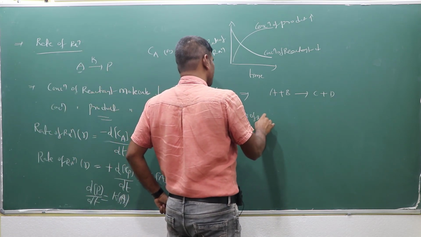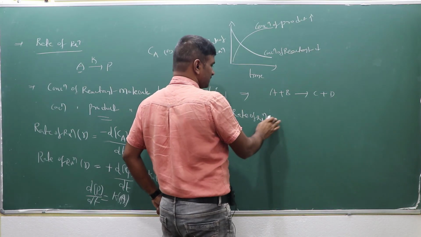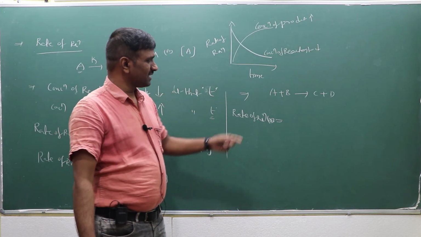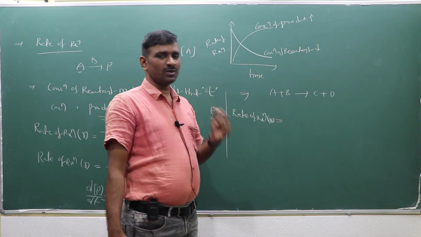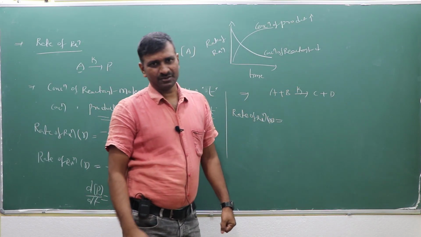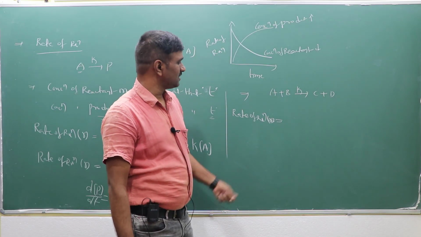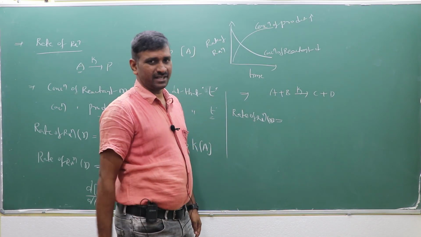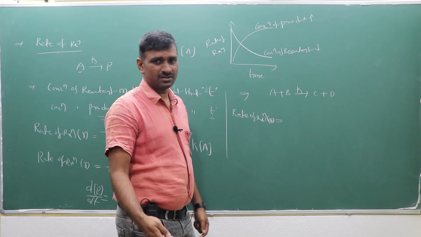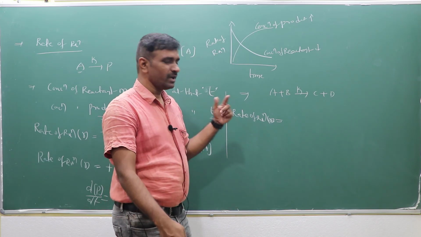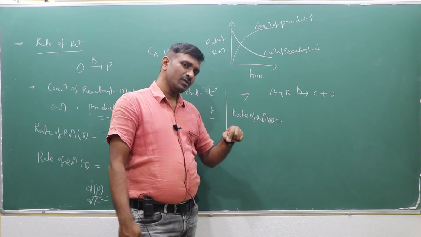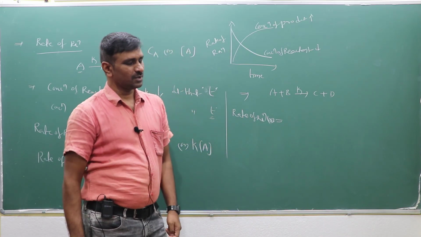The reactant molecules are A and B, and the product molecules are C and D. Suppose the rate constant or velocity constant is K. Sometimes we say rate of the reaction or velocity of the reaction, rate constant or velocity constant. In enzyme catalysis, we use rate of reaction and velocity of the reaction also, no problem.